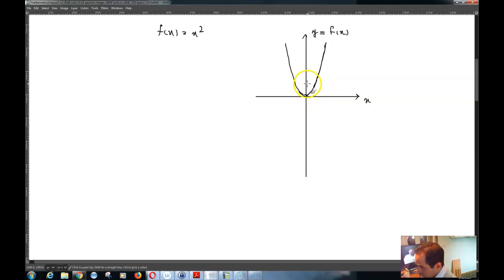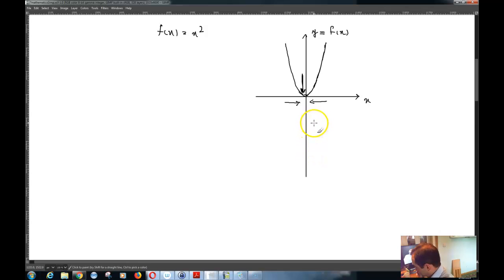Now on this function you can see that as x gets very close to 0, from this side or from this side, y is getting very close to 0 over here on the y-axis.